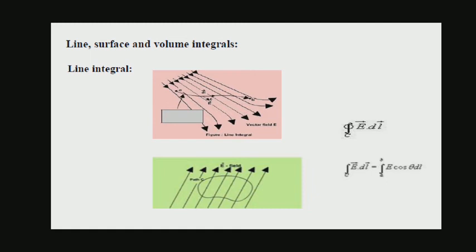If the path of the integration is a closed path C, then the line integral becomes a closed line integral and is called the circulation of vector E around C and denoted by closed integration C vector E dot vector dl.